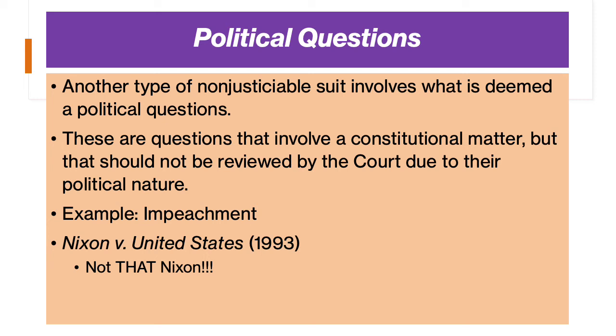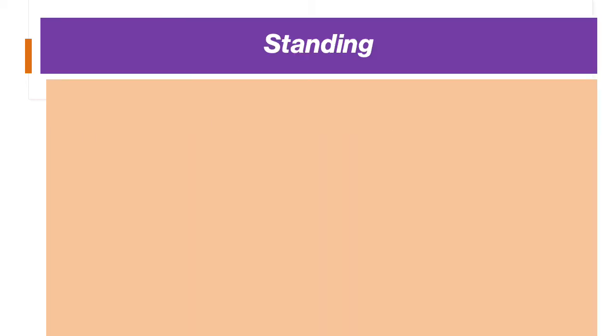So what does that do? Is he still the president, or is she still the president, etc.? So that's a good example of the political questions, where even though it might have to do with constitutionality, given the chaos that would come from the court weighing in, they will refuse to hear those kinds of cases.